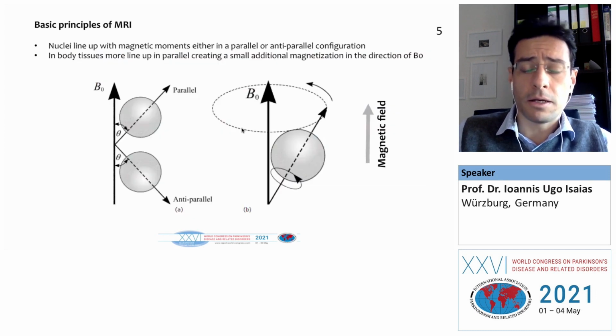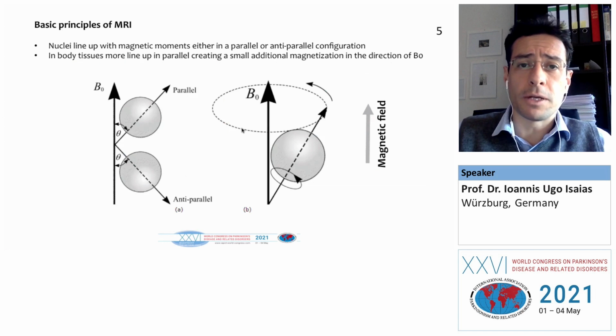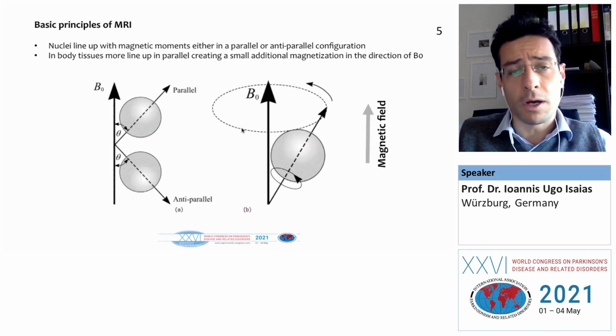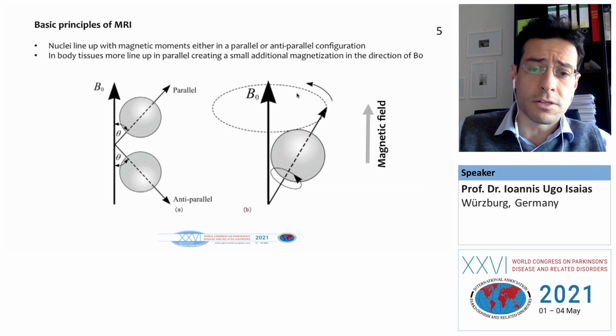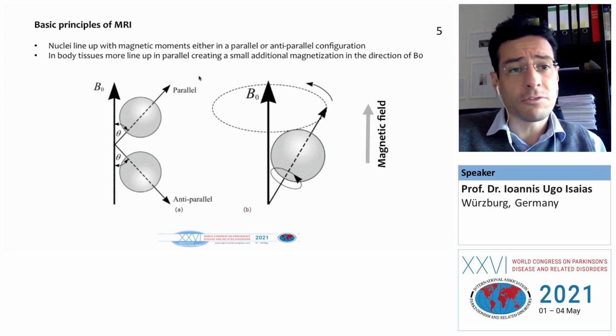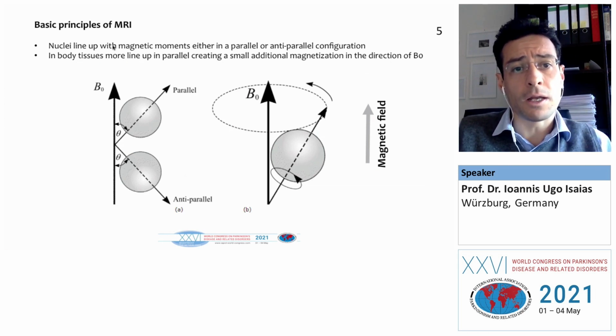Two are the main evaluations that we can perform in our patients: either MRIs or PET and SPECT investigations. Some basic principles of MRI techniques. Basically, this is related to a magnetic field where nuclei line up with their magnetic moments, either in parallel or anti-parallel configurations.